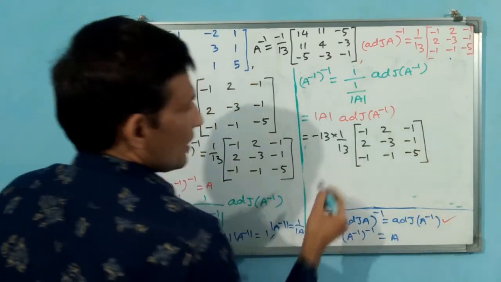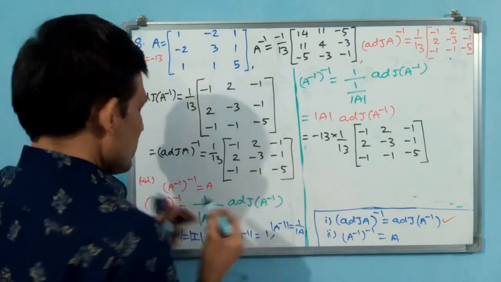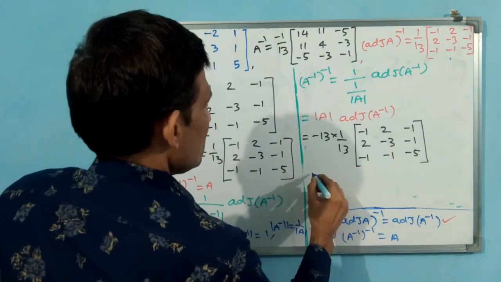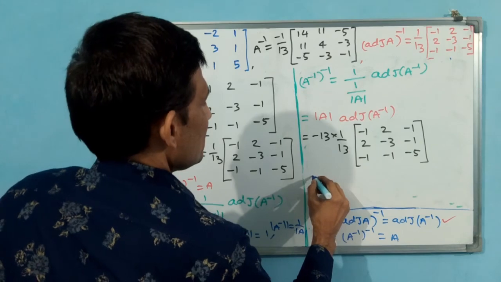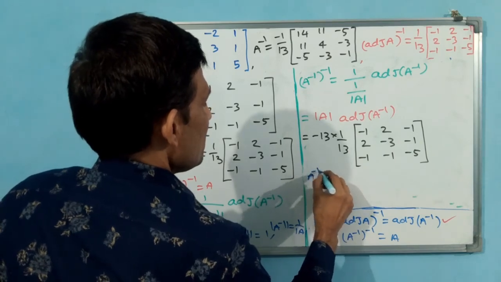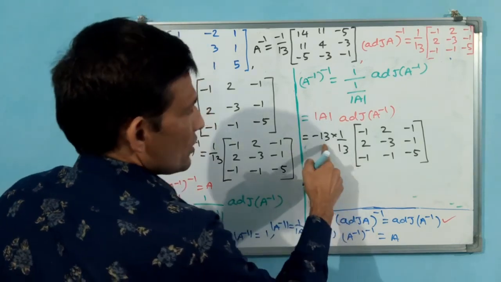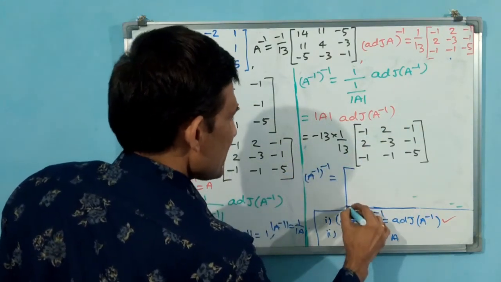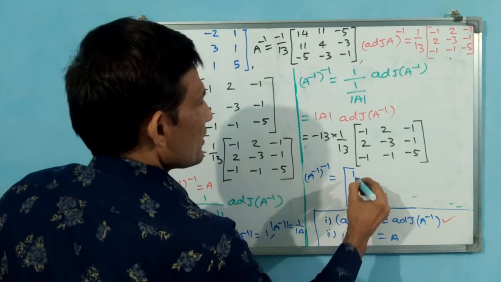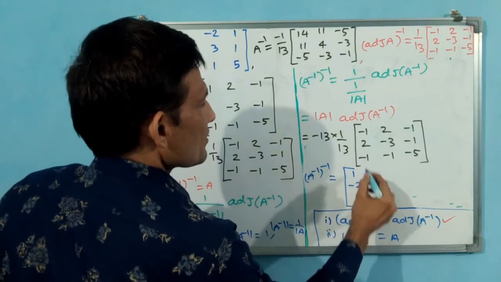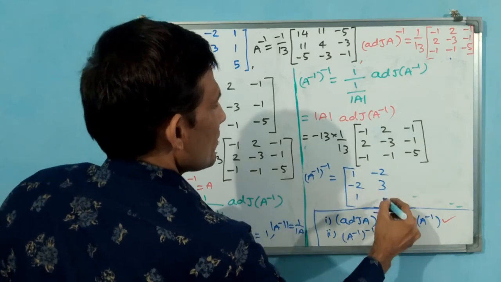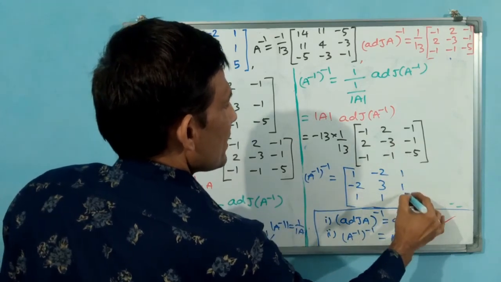Now you cancel these two. That means 13 is cancelled and minus I am sending inside. Once I send minus inside, minus 1 becomes plus 1, 2 becomes minus 2, and so on: 1, minus 2, 1, minus 2, 3, 1, 1, 1, 5.